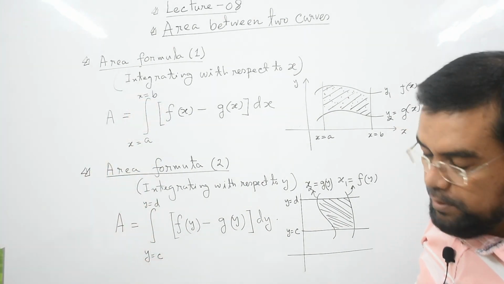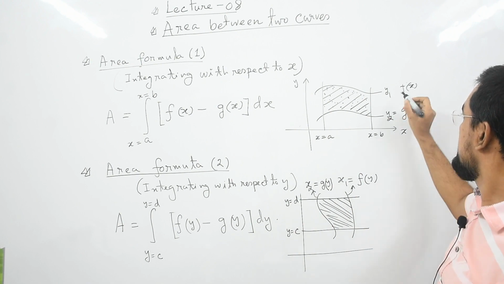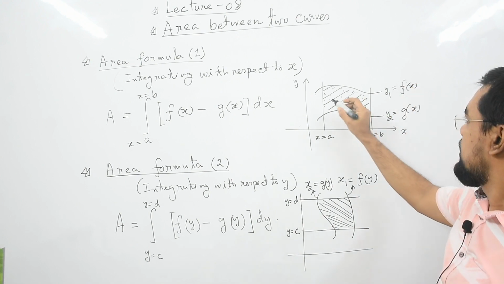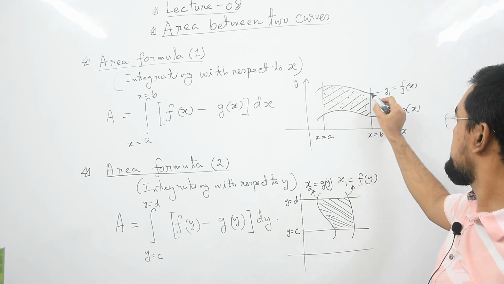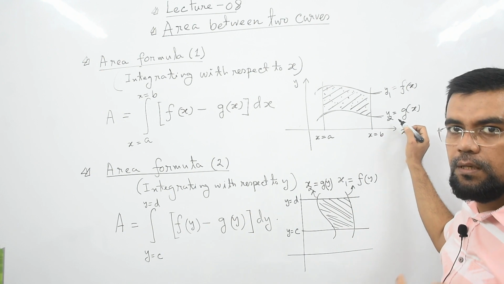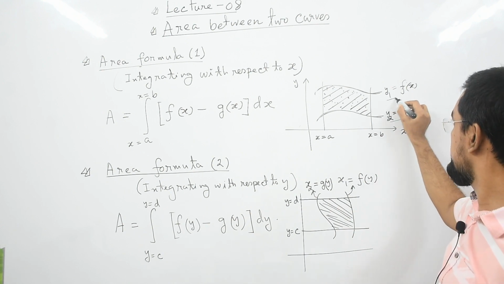If you want to calculate area between two curves, let's say the first curve is y1 equal to f(x), this is our first curve, and the second curve is this one, which is y2 equal to g(x).